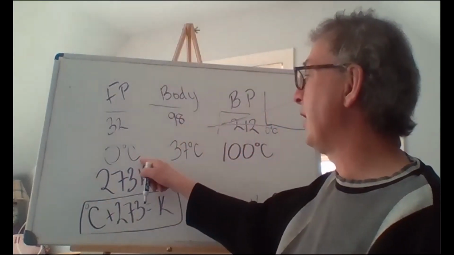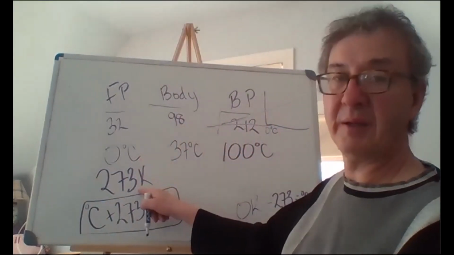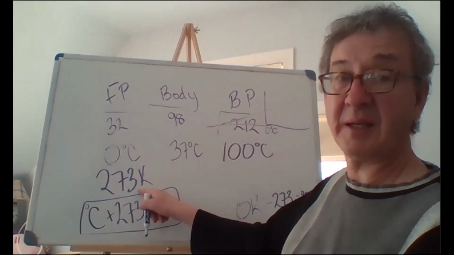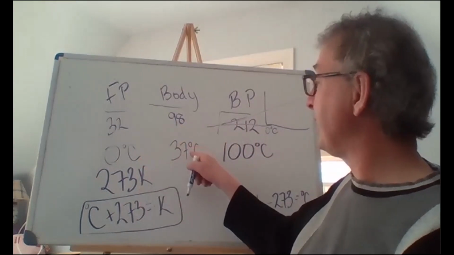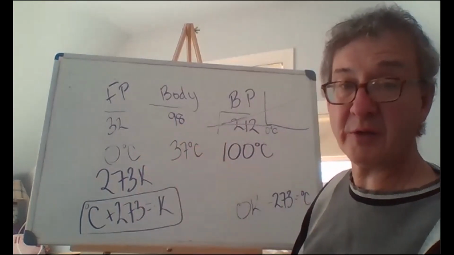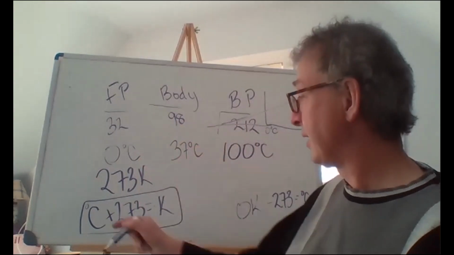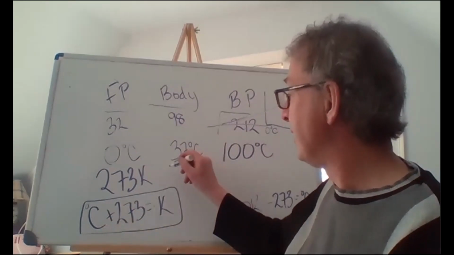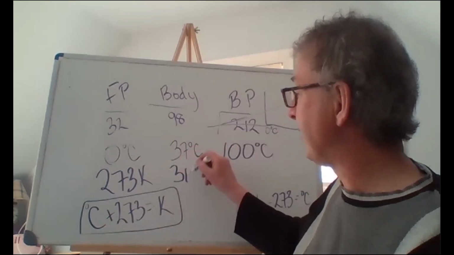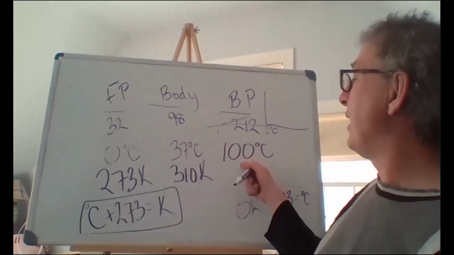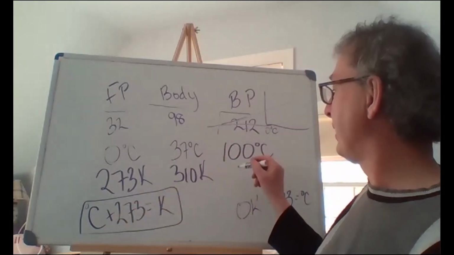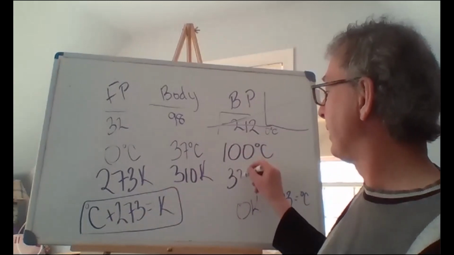So 0 plus 273 is the Kelvin temperature of the freezing point of water. 37 plus 273, you always insert it there, is 310 Kelvin. Well, 100 plus 273 is 373.